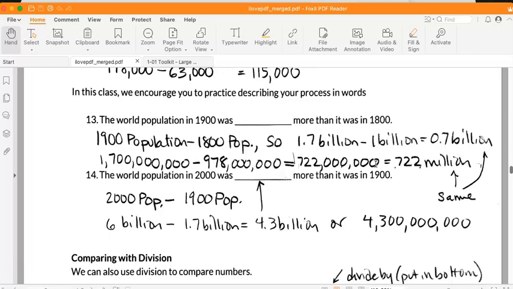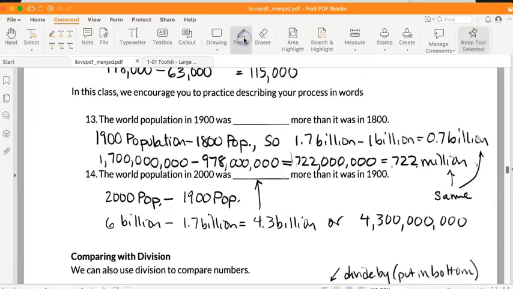If you wanted to confirm that, you could take 0.7 times 1 billion, and I can show you that. My commenting feature is not working, but I can put this into a calculator online.